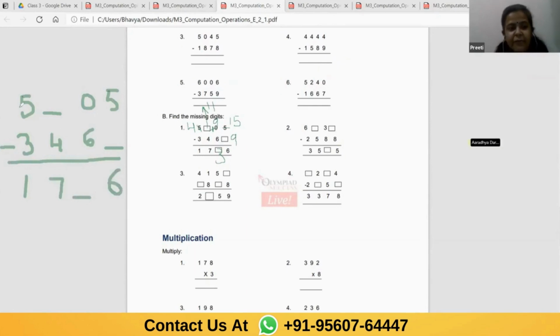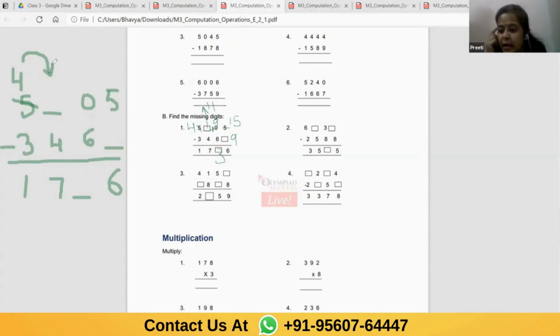Correct? Can 5 minus 3 give me 1? No, this 5 has to become 4. Only then I can get 1. 4 minus 3 will give me 1. Correct, Dhairya? From here, the borrowing is going here, but I don't know what can be this number, right?